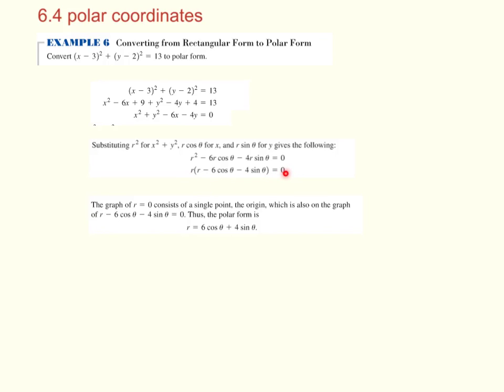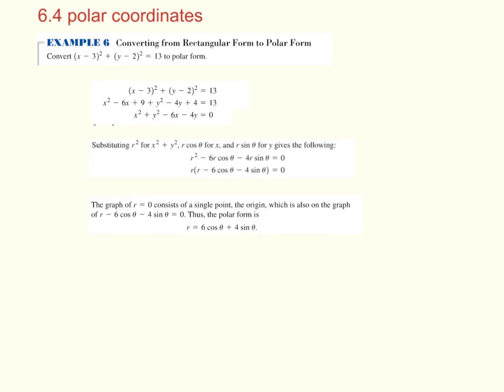So either r equals 0, which is just the single point at the origin, or it's r minus 6 cosine theta minus 4 sine theta, and in that case 0 is on that graph as well. Therefore, we don't need to do the r equals 0. We can simply do this, and r equals 6 cosine theta plus 4 sine theta would be our solution.